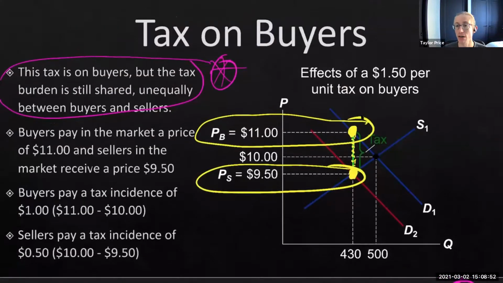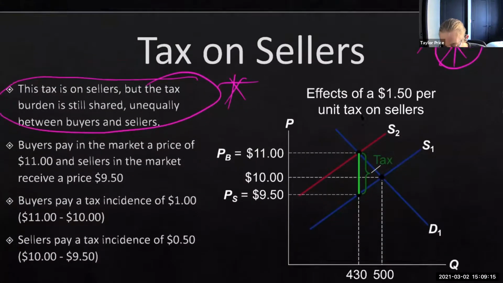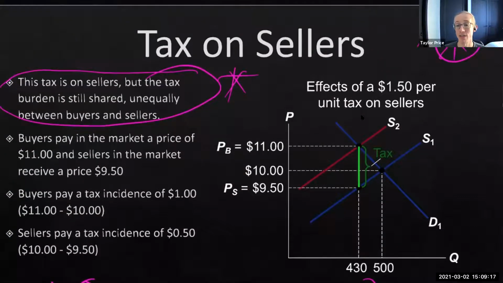Note here that the demand curve is shifting down because of the tax. The difference for the tax is the $1.50. Buyers are paying $11 for the good. Sellers are receiving $9.50.